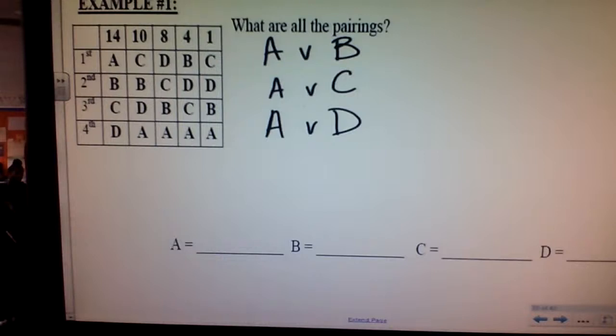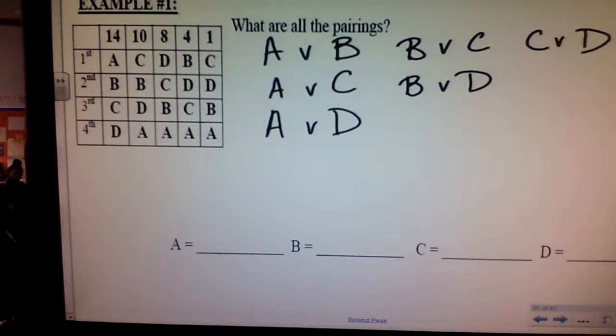A plays 3 people, which means B only has to play 2 because they've already played A. So they play C and D. C has played A and B, so their last comparison is C versus D. So I want you to always start there. List them out. That way you won't forget them.